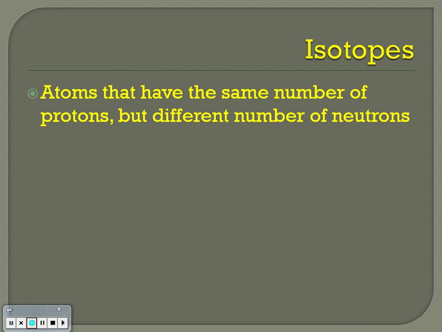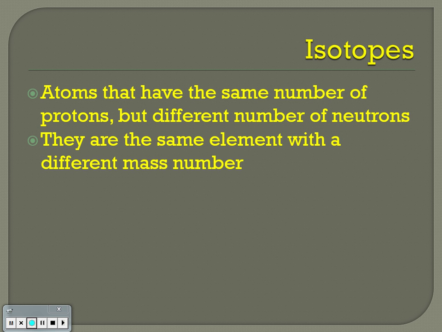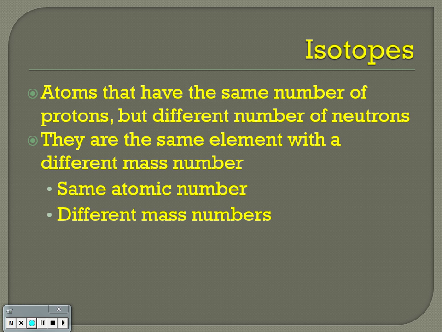If they have the same number of protons, what is the same for both of these atoms? The atomic number is the same. But if they have a different number of neutrons, what will that make different? The mass number. So they're the same element with a different mass number. They have the same atomic number, but they have different mass numbers. Okay?